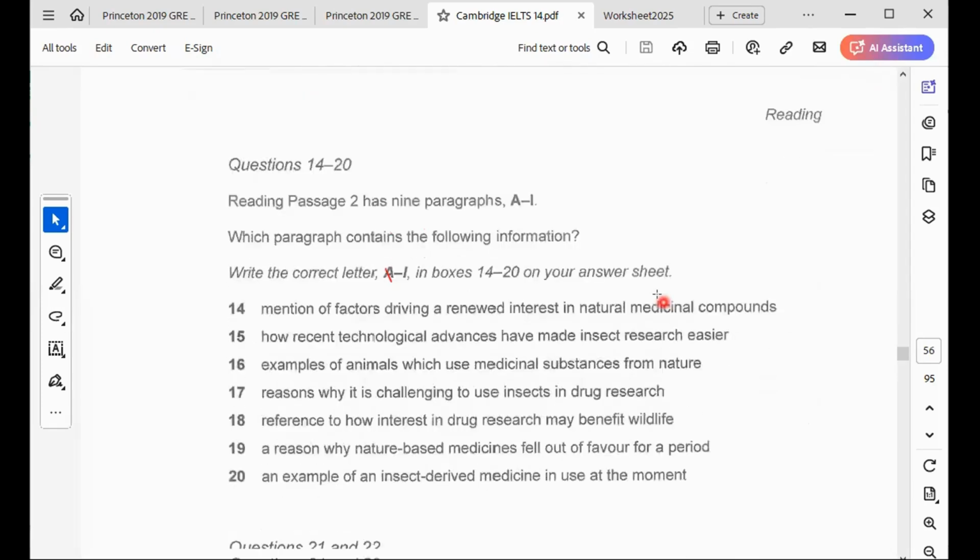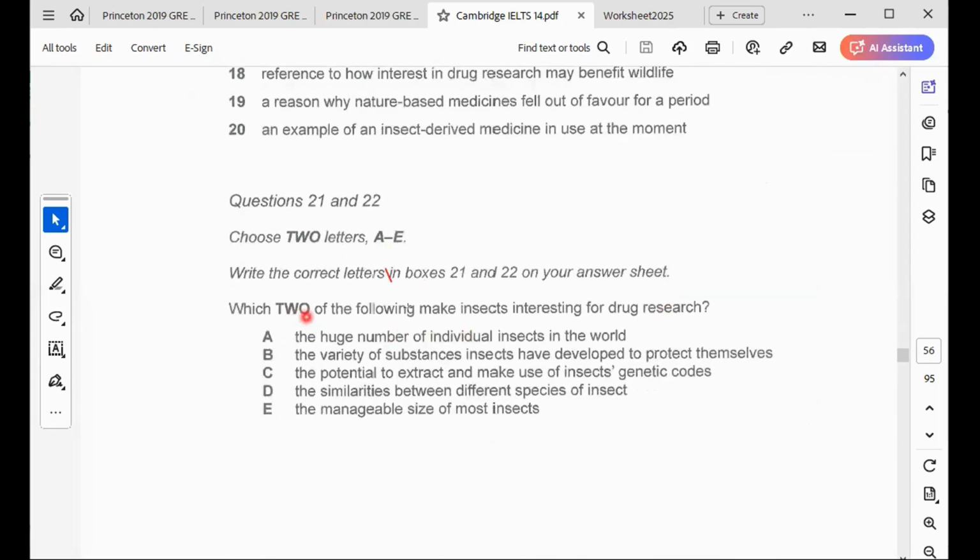This is a very interesting question. Multiple choice. Which two of the following make insects interesting for drug research? The huge number of individual insects in the world. From what I've read in that passage so far, this option A looks like a correct answer. Option B, the variety of substances insects have developed to protect themselves.